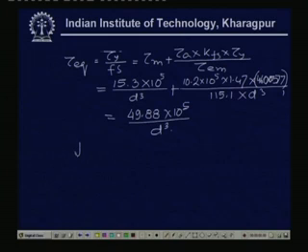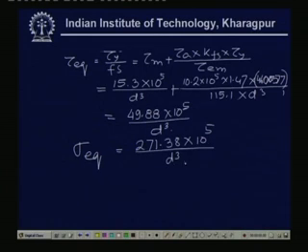Similarly, sigma equivalent in the same manner, if we put the values, it comes out to be 271.38 into 10 to the power 5 by dq. You know tau equivalent, you know sigma equivalent.